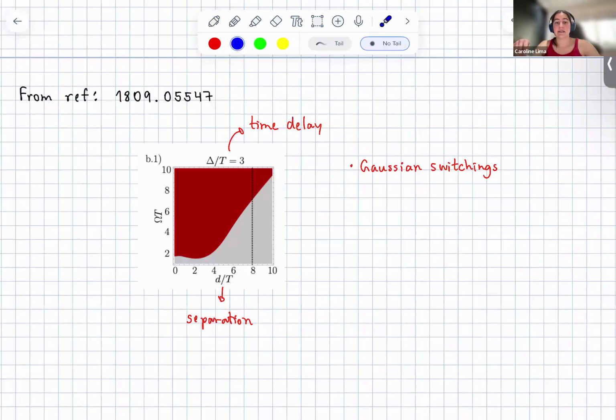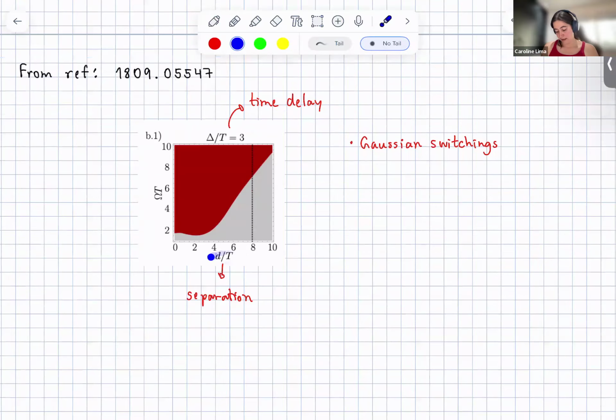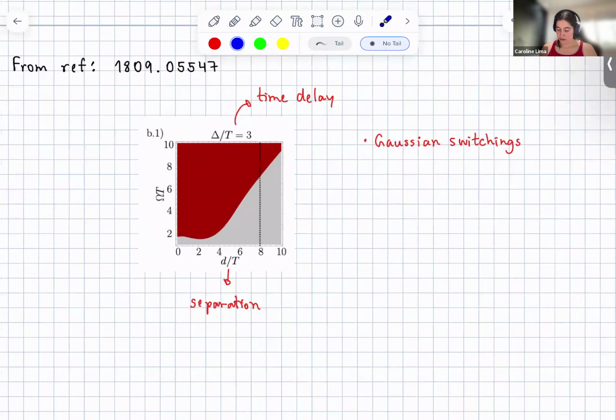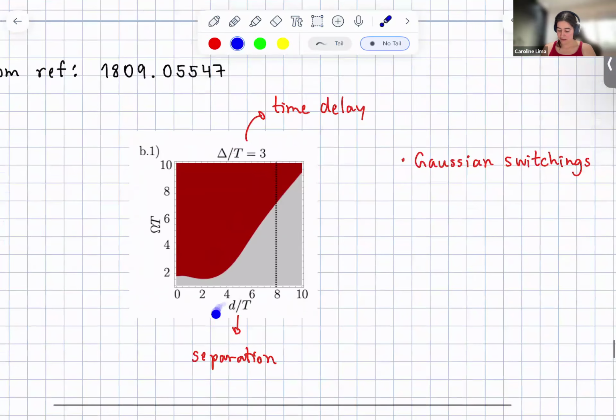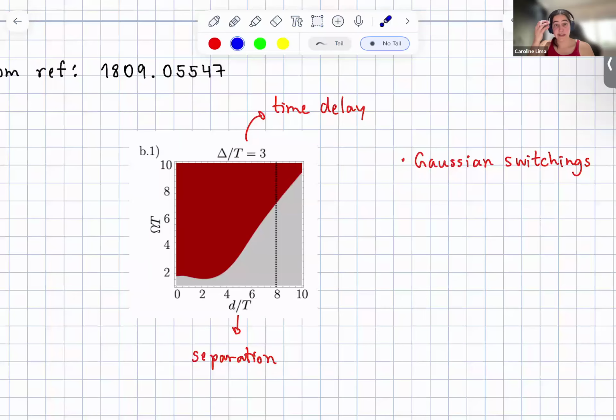The idea here was separating two point-like detectors, one in some position and another in another position. This D in this plot gives you the separation between the two detectors.